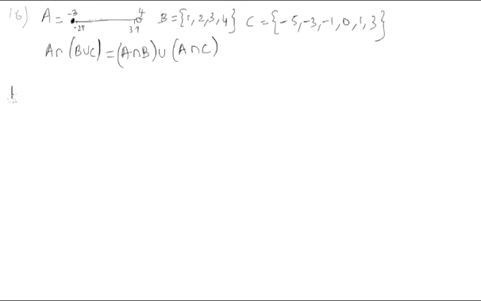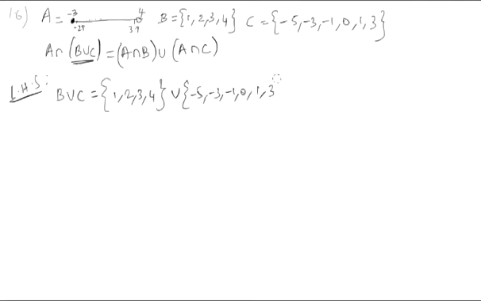Let's take the left hand side of the equation. First, compute what's inside the bracket. So B union C, what is B union C? B is 1, 2, 3 and 4, union C, which is -5, -3, -1, 0, 1, 3. So the result will be -5, -3, -1, 0, 1, 2, 3 and 4.